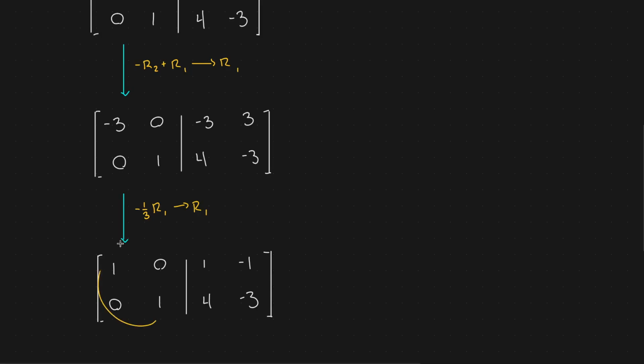We were able to transform the left-hand side of this augmented matrix into the identity matrix. That means the matrix is invertible, and it means that this, on the other side of the augmented matrix, is the inverse.